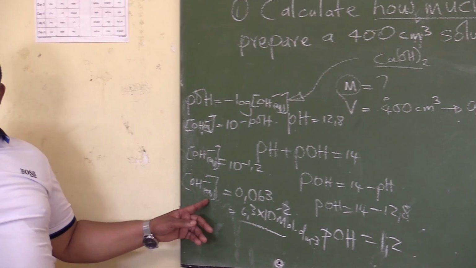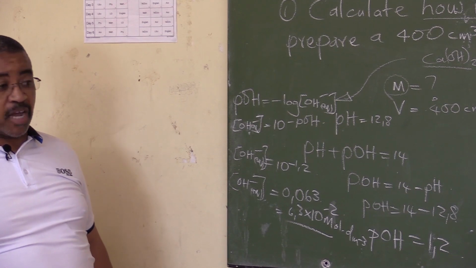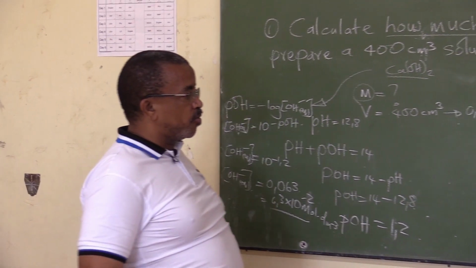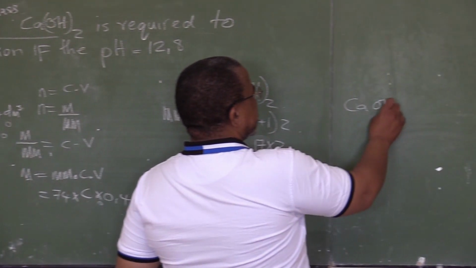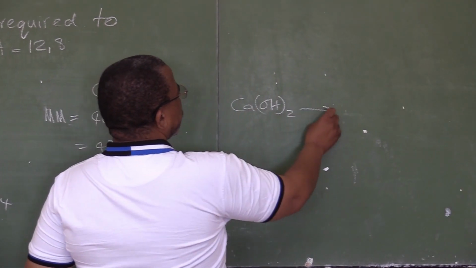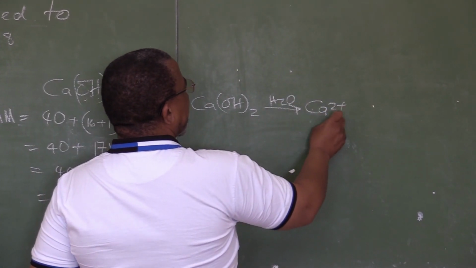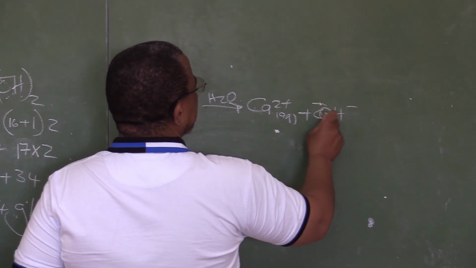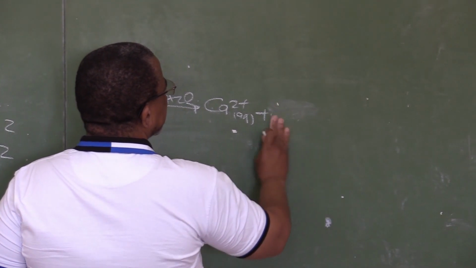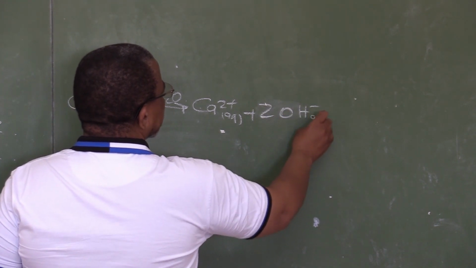We have the concentration of OH minus. How do we get that of calcium hydroxide? Remember, you write the equation: calcium hydroxide in water forms Ca2 plus aqueous and 2OH minus aqueous.